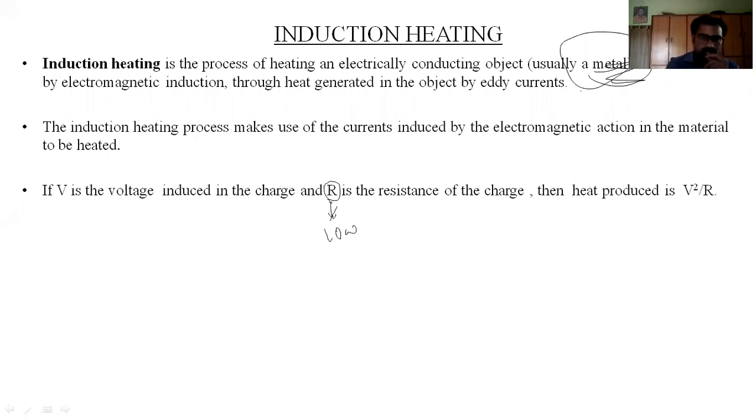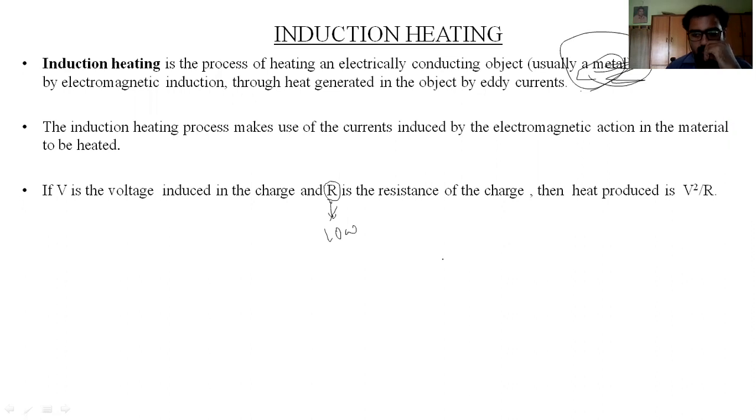So the main point is that the resistance of the charge we use for melting must be low, because with higher resistance we need more energy to melt it. That's why we use metals, which have low resistance.